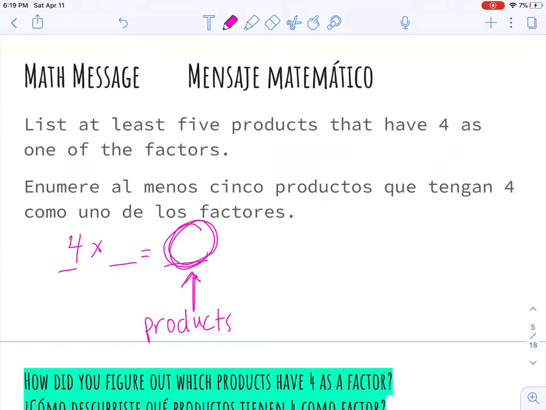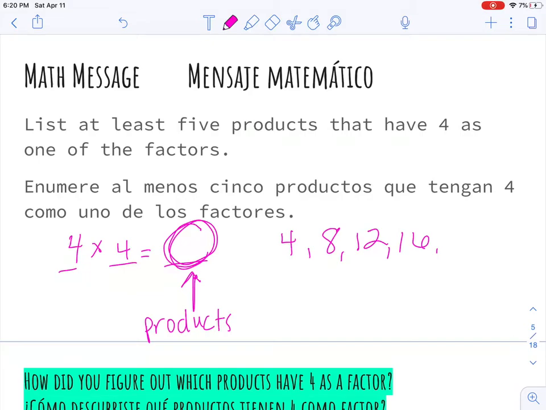So I can choose any amount of 4s. I can take 4 times 1, and I would get 4. I could take 4 times 2, and I would get 8. I could do 4 times 3, and I would get 12. I could do 4 times 4, and I would get 16.